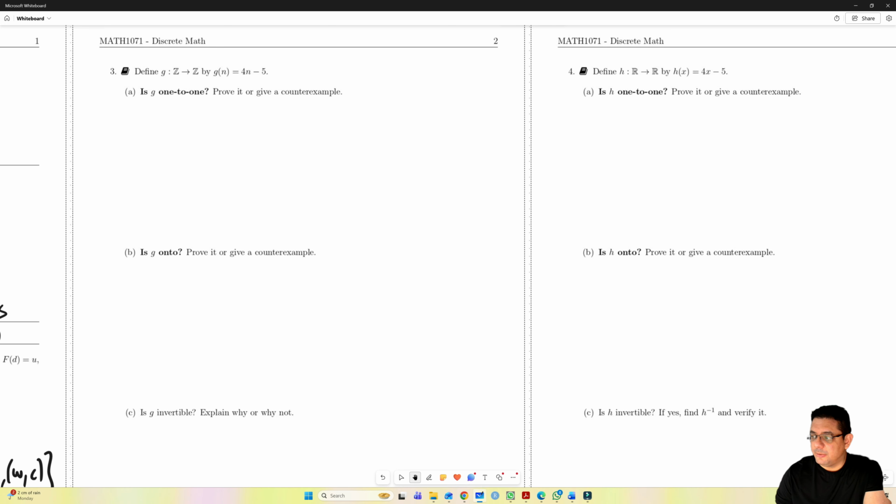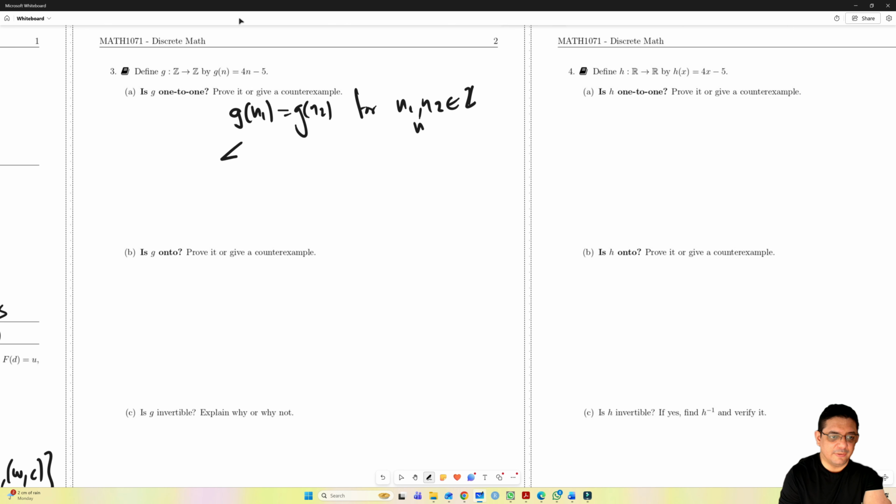So we want to know if this is one-to-one and onto. In both cases, the proof is pretty much the same. You assume that g of n1 is equal to g of n2 for n1 and n2 that belong to the integers. It turns out that this is going to be 4n1 minus 5 equals 4n2 minus 5.